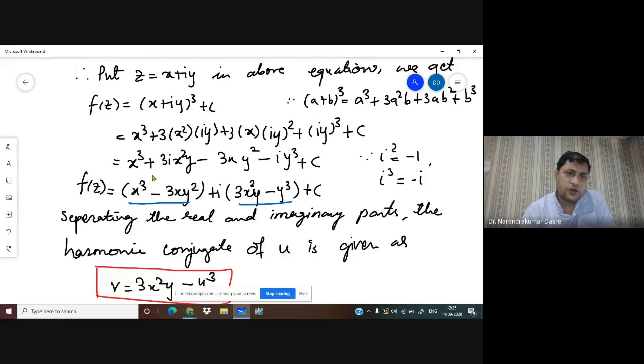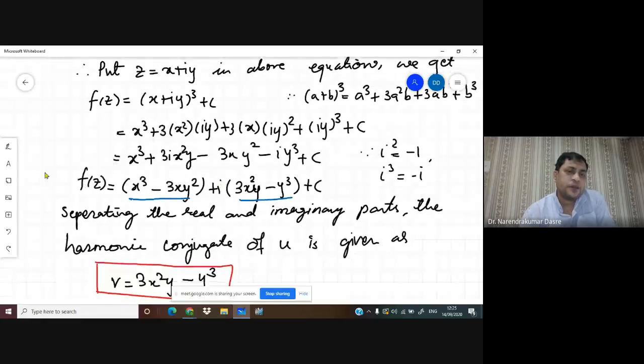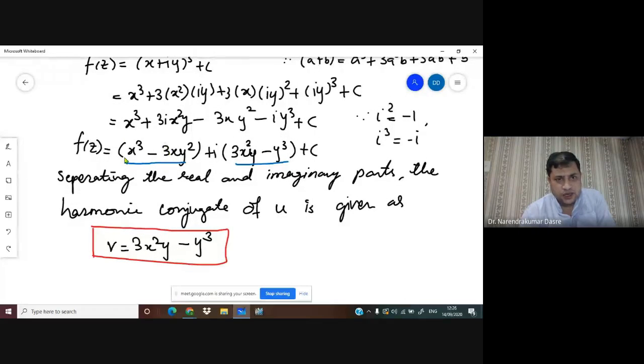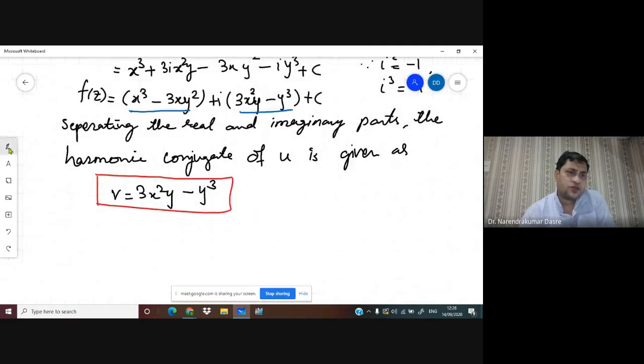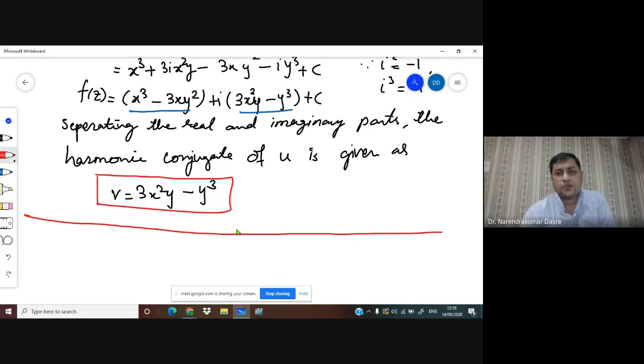If you are not able to get the given part properly, that means whatever you have calculated is not correct. So we have to check whether we have obtained the given part correctly. Here we have obtained the real part correctly, and hence our imaginary part is also correct. This way we are able to calculate the harmonic conjugate of the given harmonic function.